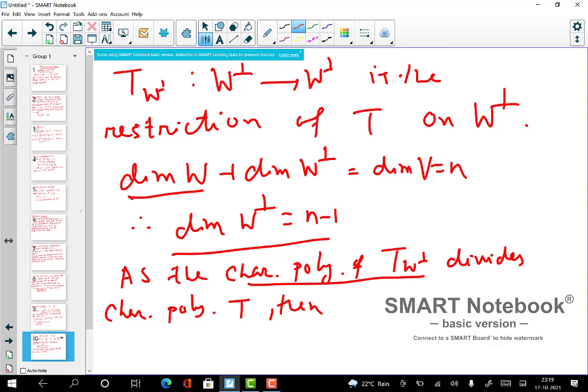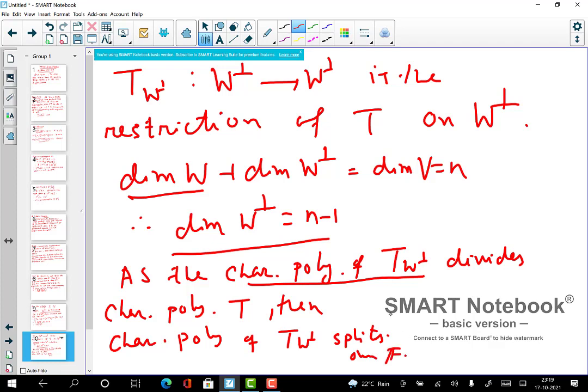Because the original was splitting. The original is a product of linear factors, and this is a divisor of that, so it has to also be a product of linear factors. So the characteristic polynomial of T_W perp also splits over F, the same field.